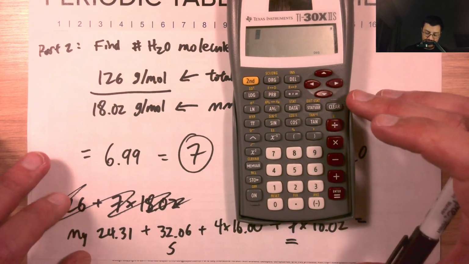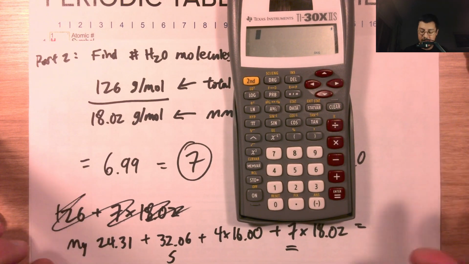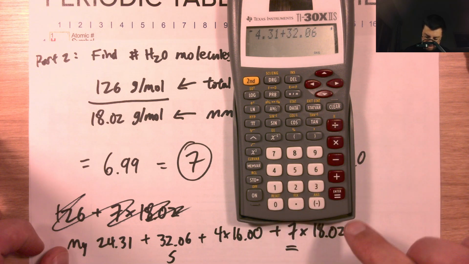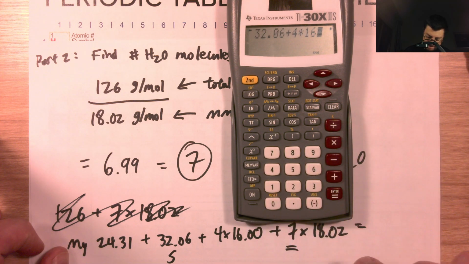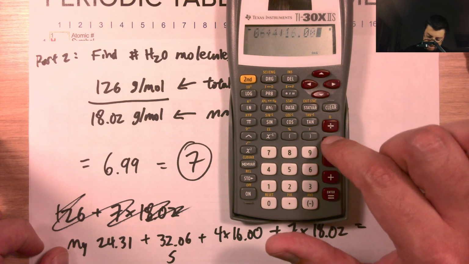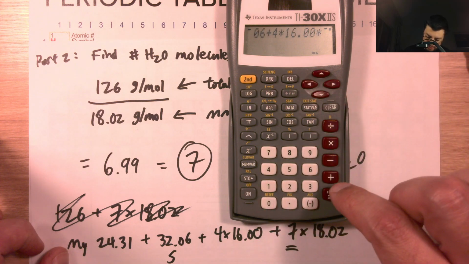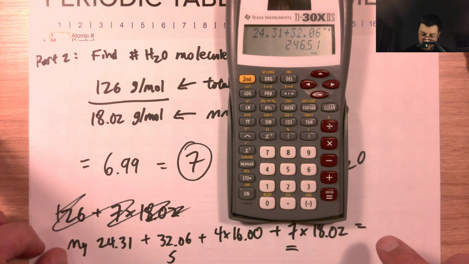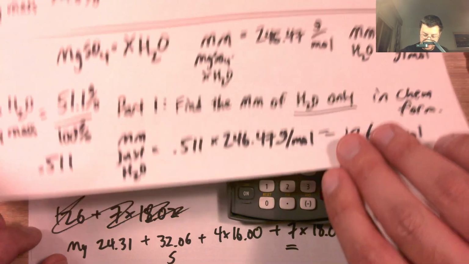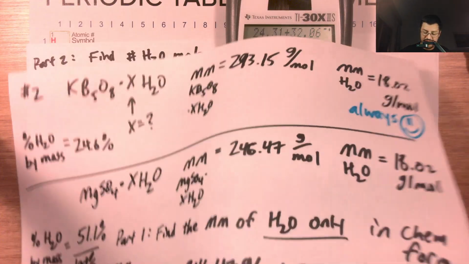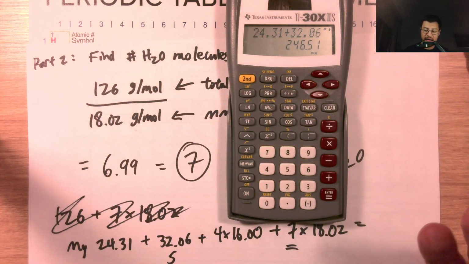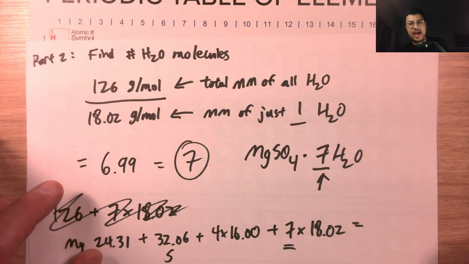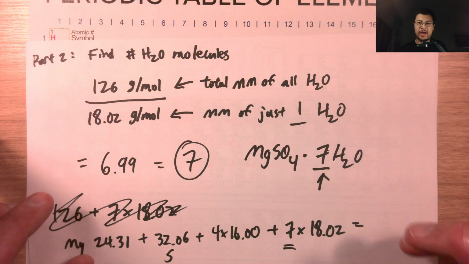All right, so let's see if this holds water, pun intended. Oops, plus 7 times 18.02. Moment of truth, do we get something pretty close? 246.47. We got 246.51. So within rounding error of the data provided and whatever periodic table you may have.